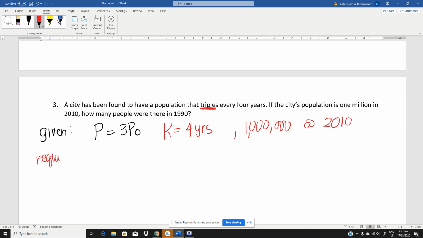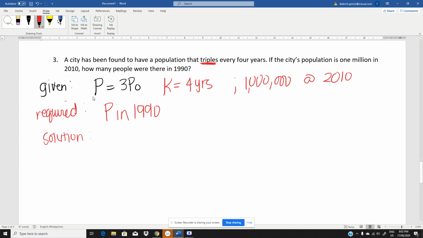We are required to solve for P in 1990. So technically, we are looking for P here after 20 years. So now let's try to solve this one.